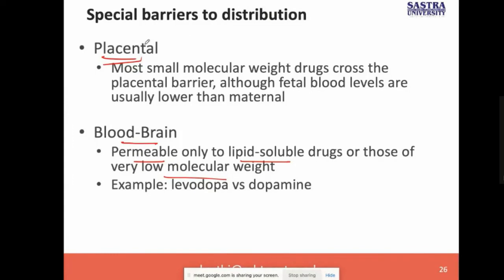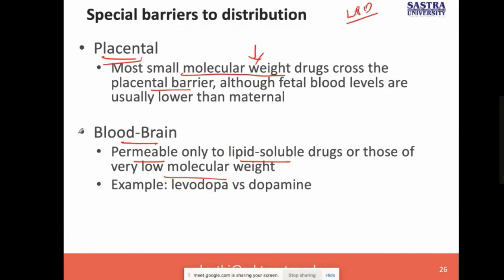Most small molecular weight drug molecules cross the placental barrier. This is a very important point. The molecule need not necessarily have lipid solubility. If the molecular weight is small, this is not related to lipid, please understand.